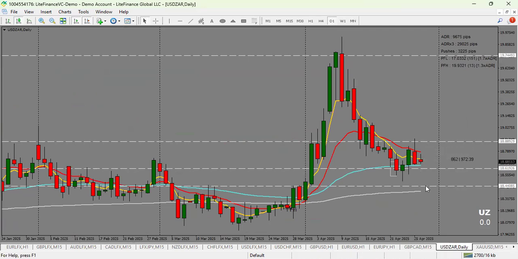So I'm expecting price to reach this point before going up. So we had the first, the second, the third move, and this here is price forming like a peak. So I'm expecting price to do this on USDZAR, and then continue. So that's what I'm expecting.